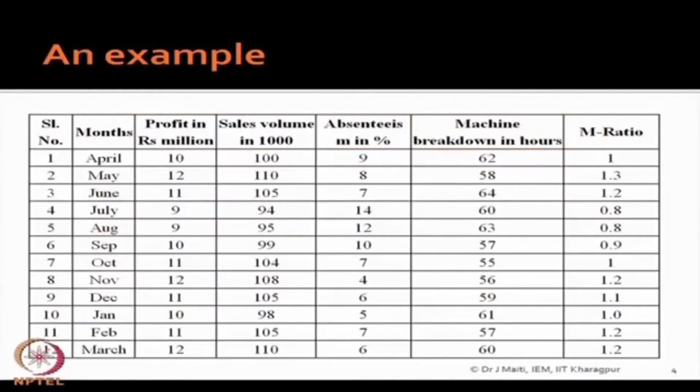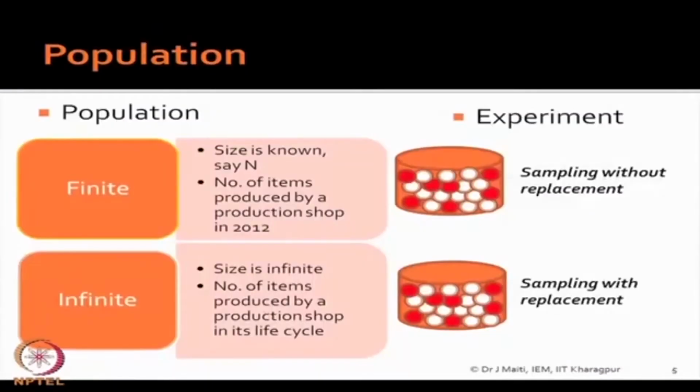Now, if you see the size of the population, what will happen? Population can be finite or infinite. Suppose I am talking about the production of a process for 1 year, the number of items produced per year, and if that is my population, then it is a finite population.